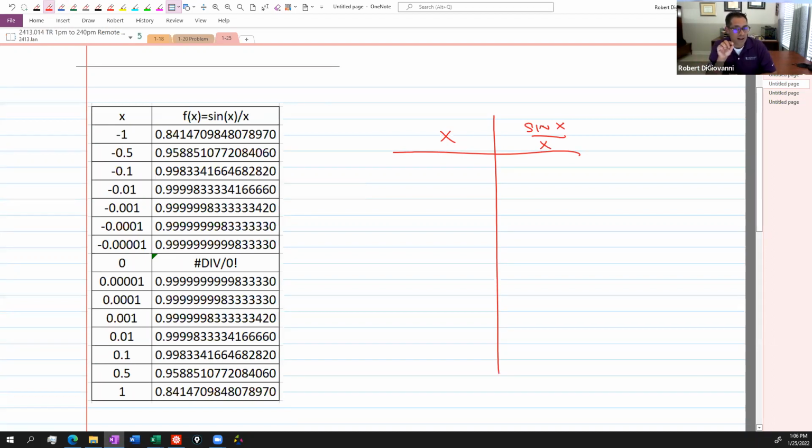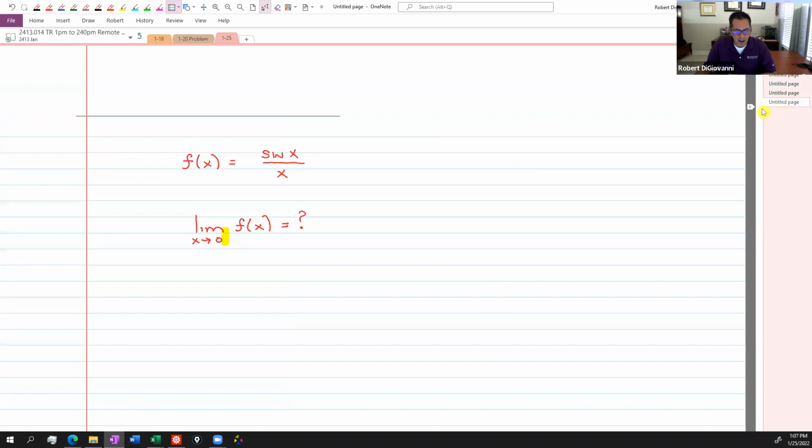But we want to be getting close to 0. So we already know that, well, I hope that we already know that if I plug in 0, what would happen? If I try and just do the algebra, plug 0 into this function, I get sine of 0 over 0. And sine of 0 from pre-cal, we all know is 0. I hope we all know that. That's the y coordinate on the unit circle when your angle is 0.